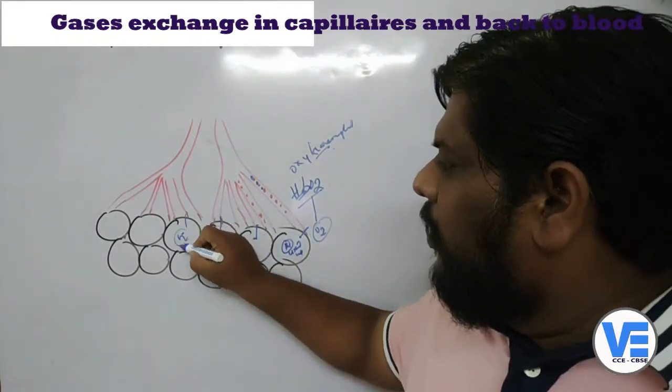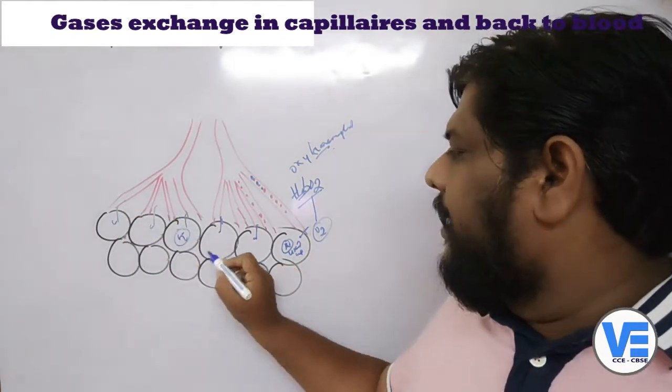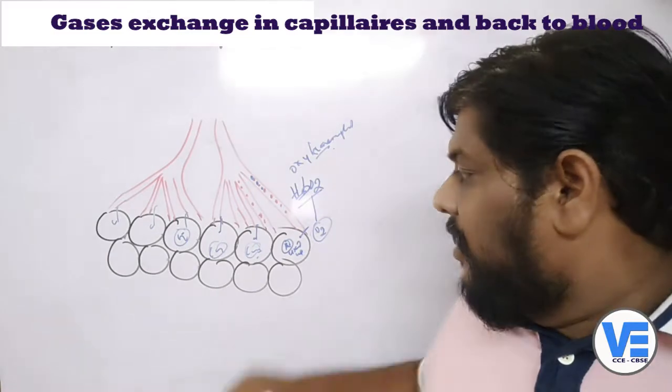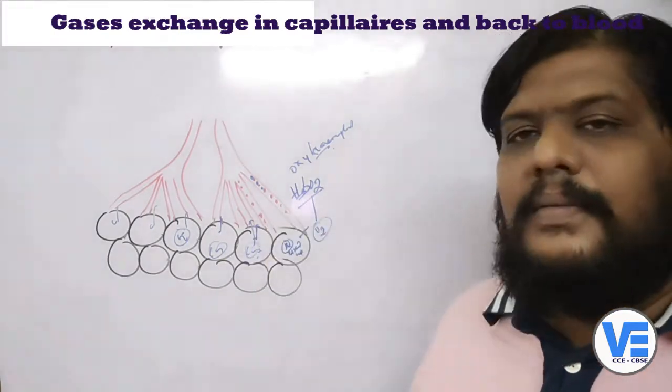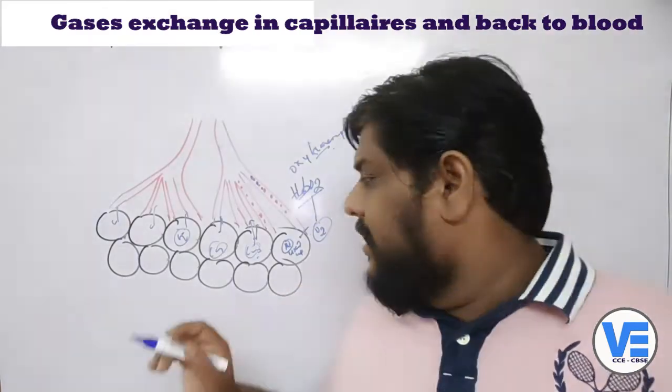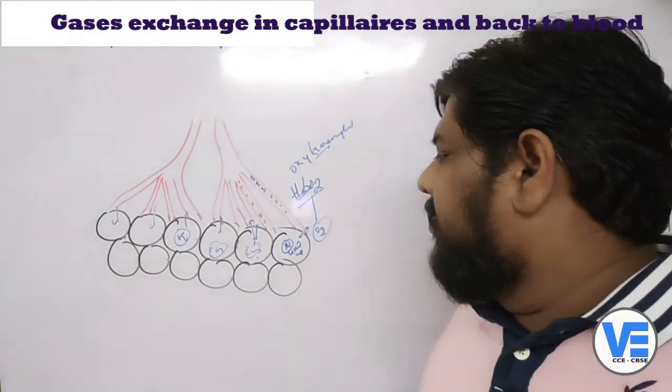The oxygen will go into the cells, and the carbon dioxide already in the cells will diffuse back into the blood. So this is how diffusion will take place here at the cellular region.